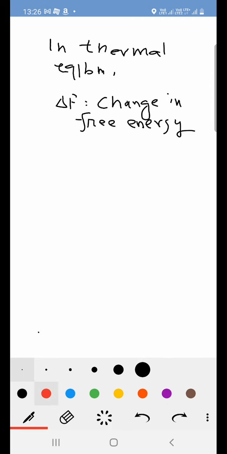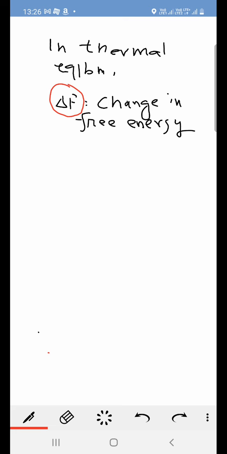Now, in thermal equilibrium, we take delta F as the change in free energy, and we assume that this free energy change is associated with the change in number of wrong atoms.